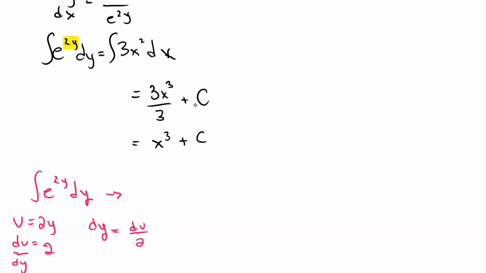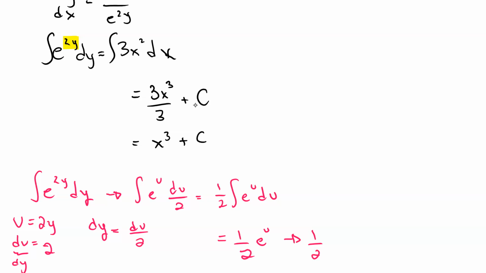Substituting in, I'm going to have the integral of e to the u du over 2, or 1/2 the integral of e to the u du. The integral of e to the u is e to the u. Substituting back in, we have 1/2 e to the 2y. So my integral here is 1/2 e to the 2y.